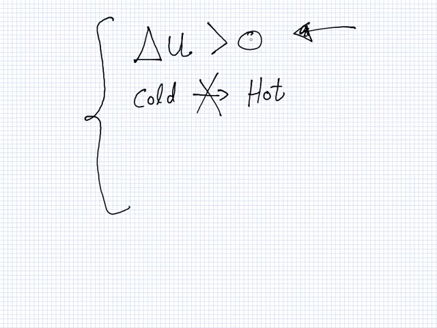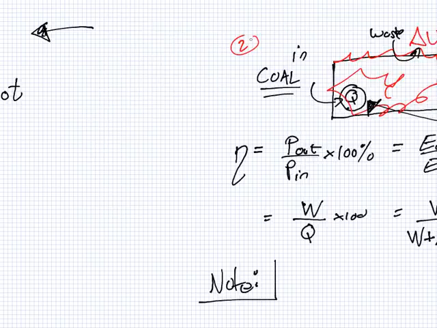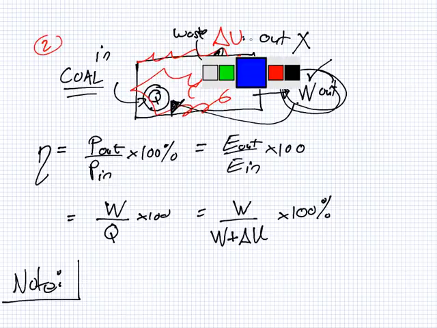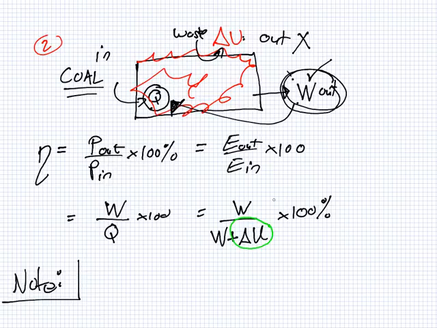Now let's go back to my question and see what that means. If this number here must be positive, what can we say about this? True. But something else more important.